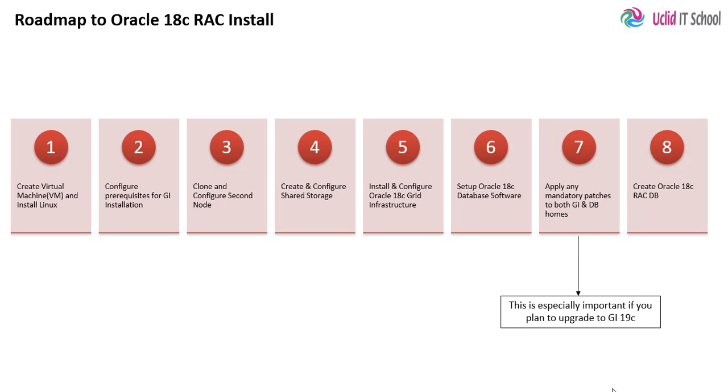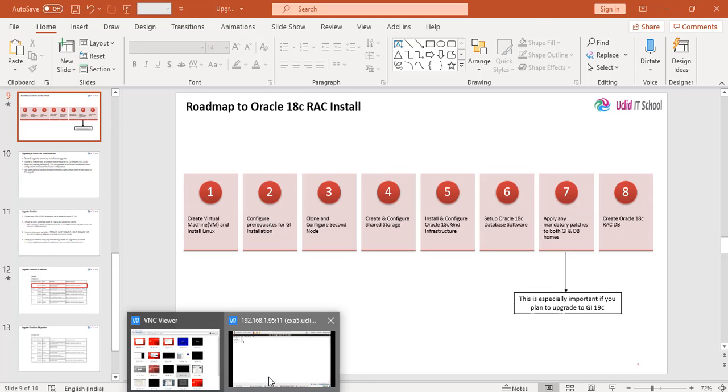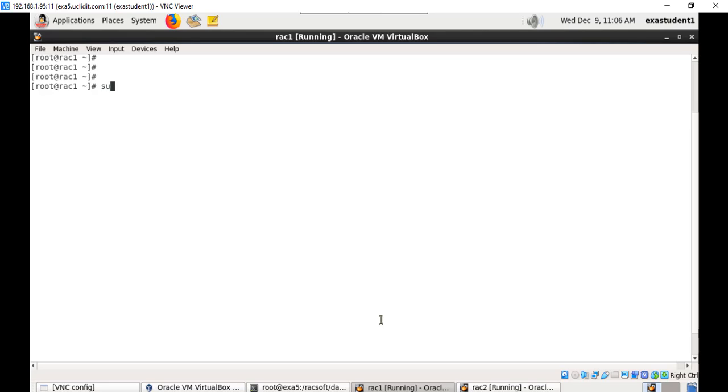In this session, we will go ahead and create Oracle 18C RAC database. So let us go to the system. On node 1, log in as Oracle user and change to Oracle home bin directory.